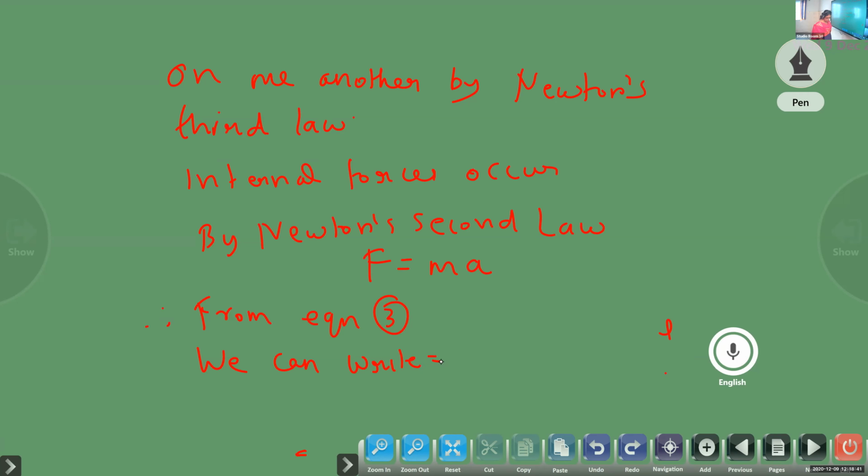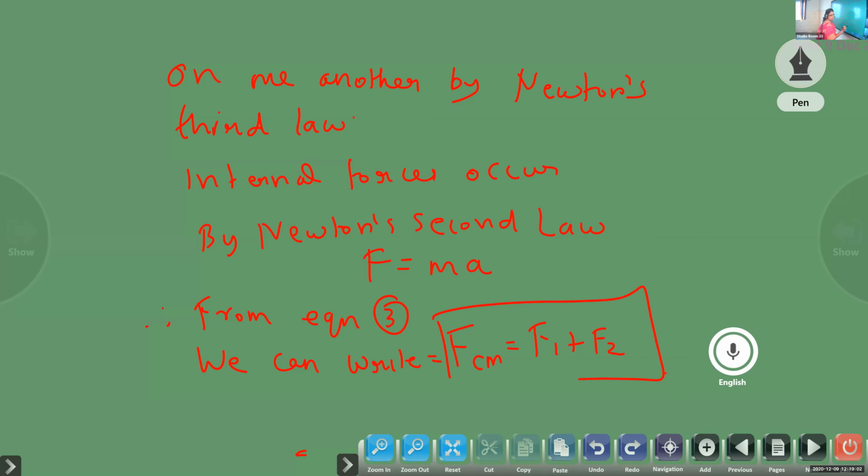So from equation 1 we can write that, for the mass of the system, capital F_CM, that is all the forces acting at the center of mass, no? So that's why F_CM is equal to F1 plus F2. So that is the force acting on a system of particles.